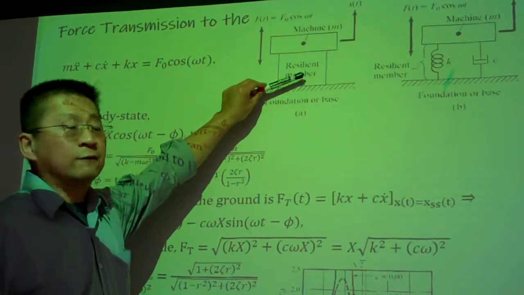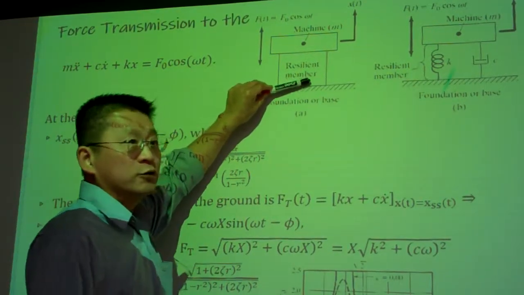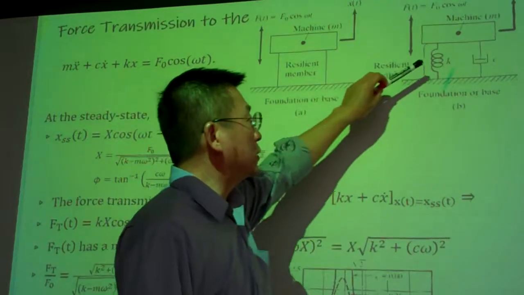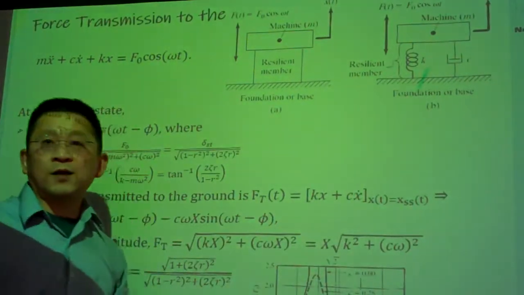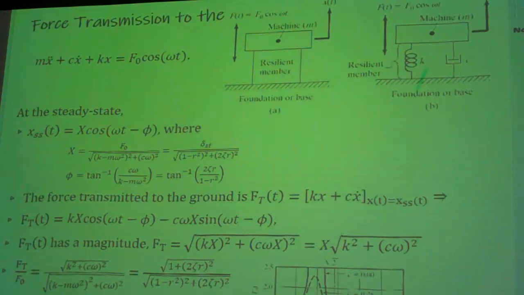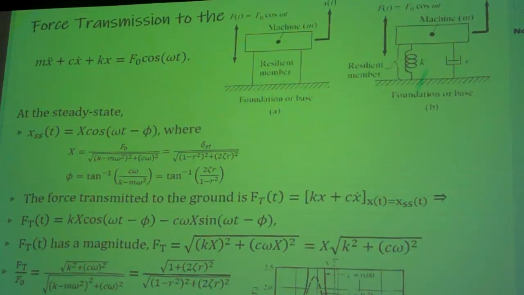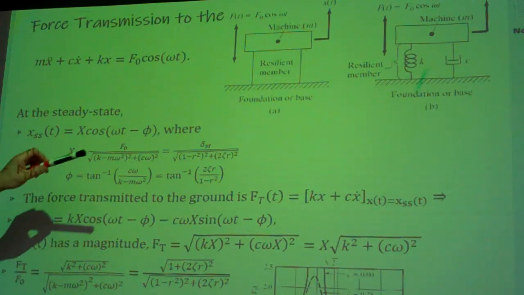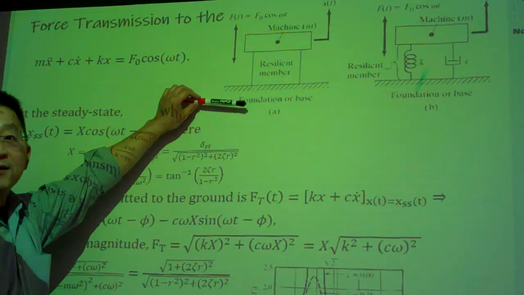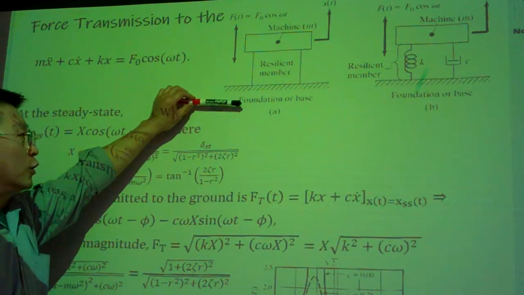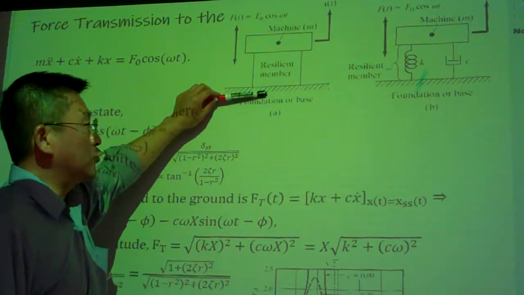How to choose and design this material, basically we pick the K and C such that we can achieve some design goals. The first one is the protection of the foundation or the base, by reducing the force being transmitted to the ground.